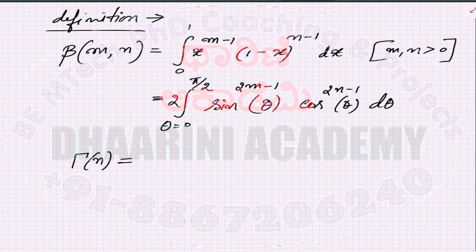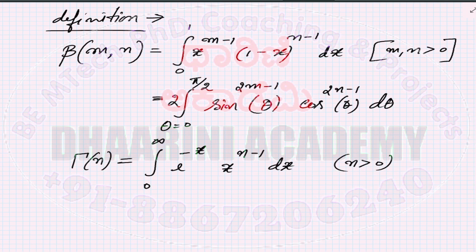So the first one is this: gamma of n is the integral from 0 to infinity of e to the power minus x into x to the power n minus 1 into dx. Here n is greater than 0, indicating that this is a positive quantity.